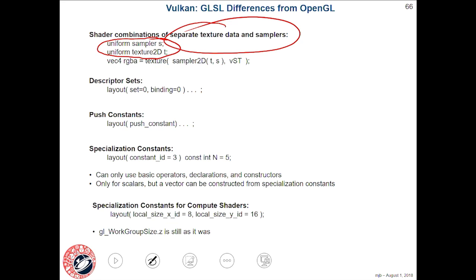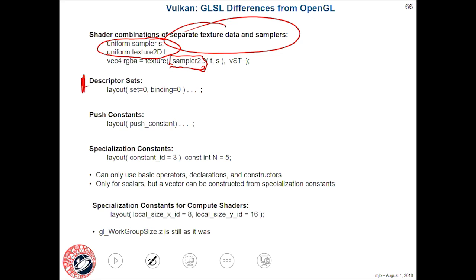The sampler defines how you're going to sample the texture, and you can combine them into one opaque data structure. This is handy if you've got one texture, but you want to sample it different ways. Okay, you don't have to create that combined opaque data structure. You can have one set of texture data and then multiple sets of ways to sample it.